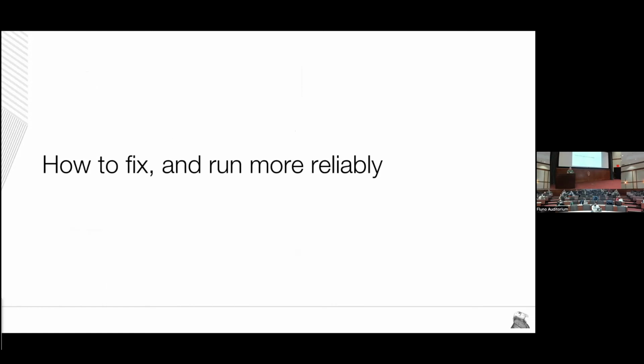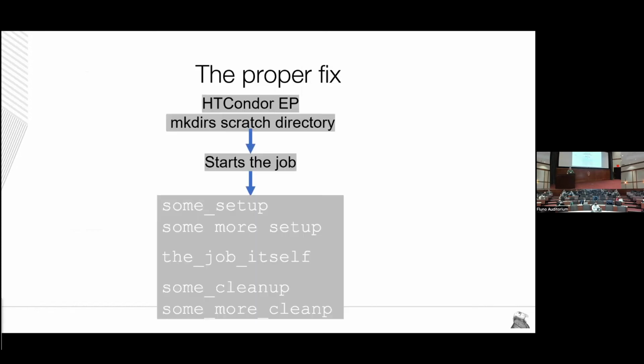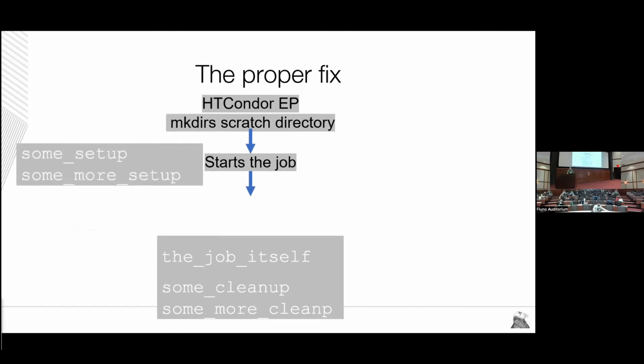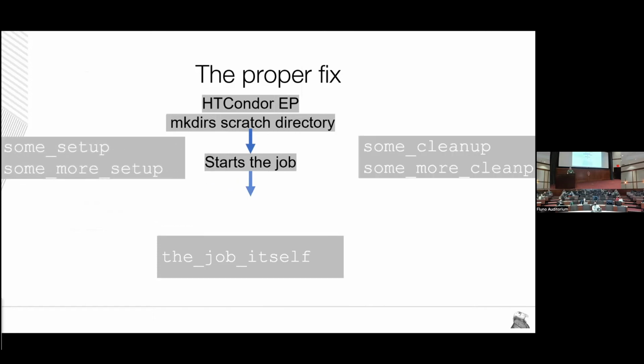So finally, we get to the point where we want to talk about how to fix this problem and to run more reliably. So given that we have this setup where the EP runs the job by making the scratch directory and starting the job, the proper fix is to separate this and take the setup and the cleanup and move them to places outside of the job proper and have Condor do the setup and the cleanup to the degree that it can.